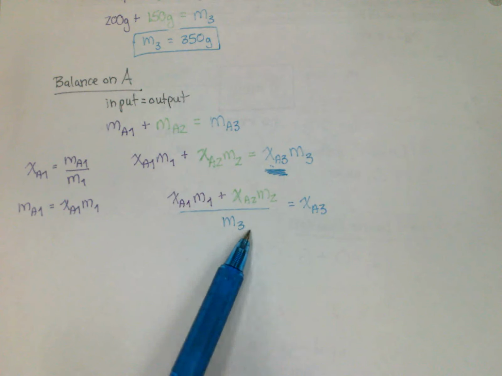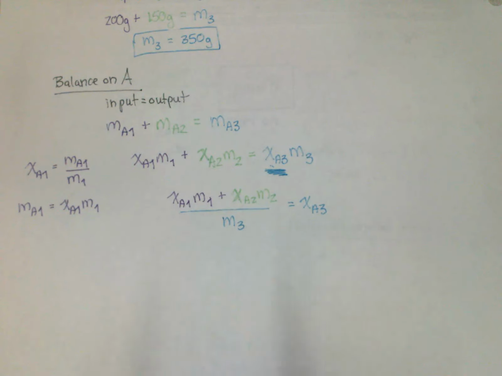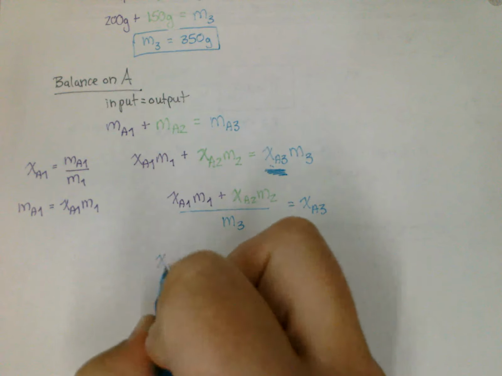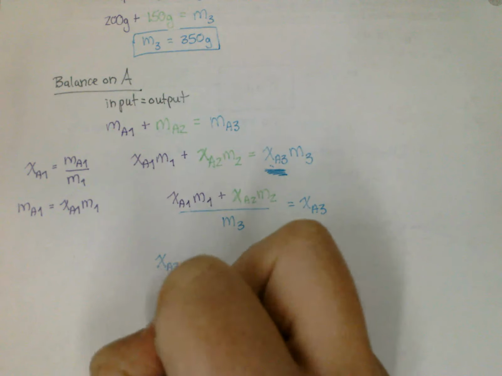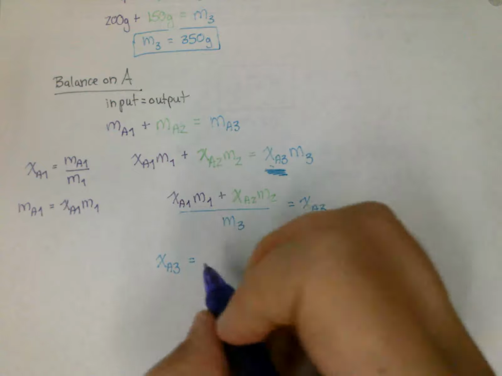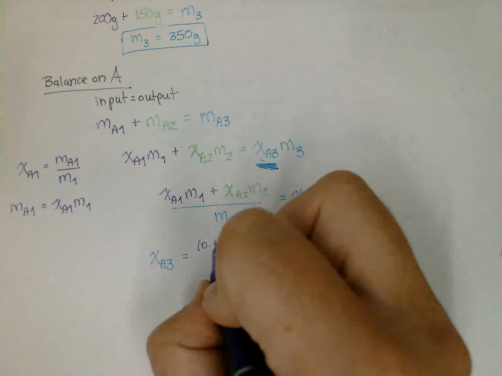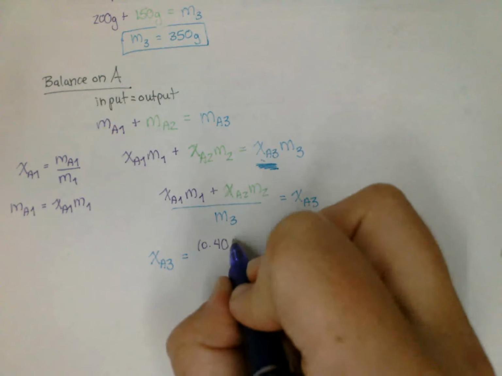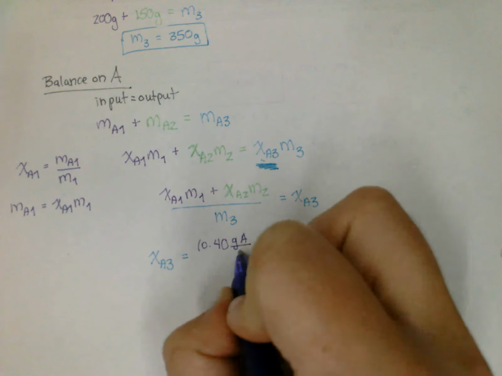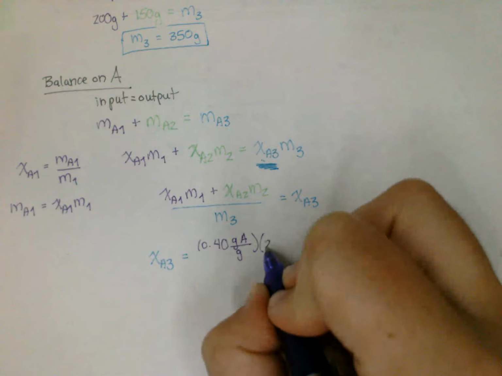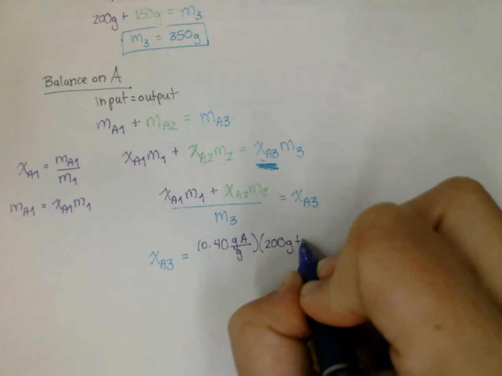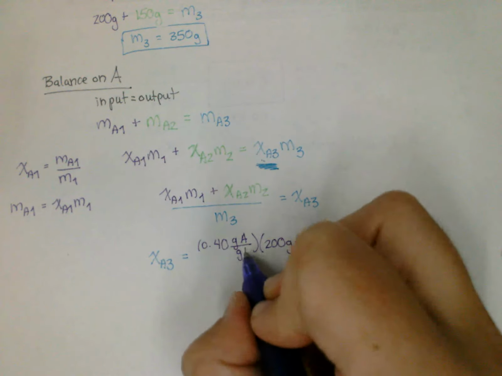Why not? We've got everything that we need. So let's find the composition of methanol in stream 3. That's going to be the 40% methanol that was found in the original stream, and that's grams of A per gram total, times the 200 grams total. That's total down here.